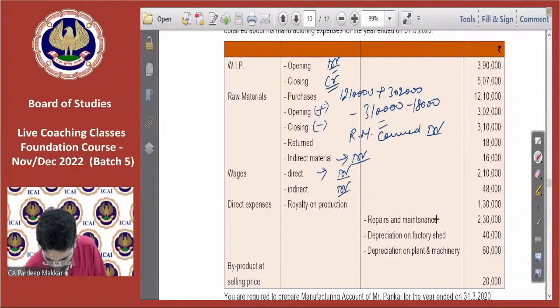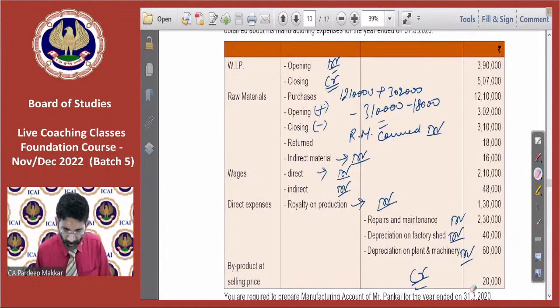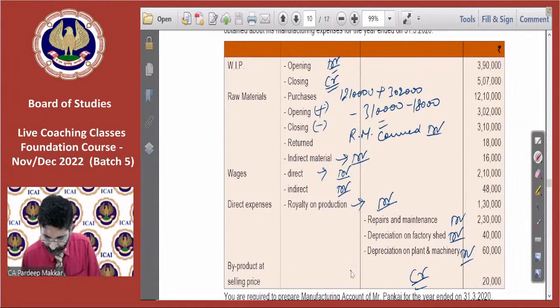Debited to it. Direct expenses, royalty on production debited. Repair and maintenance debited. Depreciation debited. Byproduct at selling price, this will be credited. So you may say it will be credited to your manufacturing account. That's it.